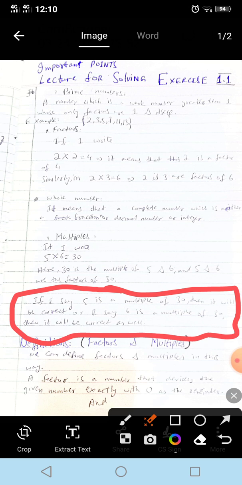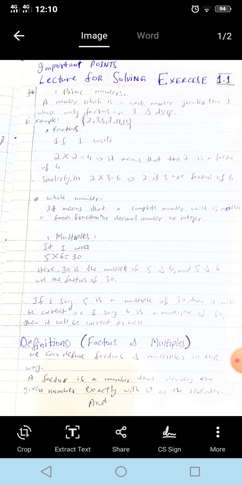If you tell me the right answer, then I will know you are getting my points, you are getting my teaching.